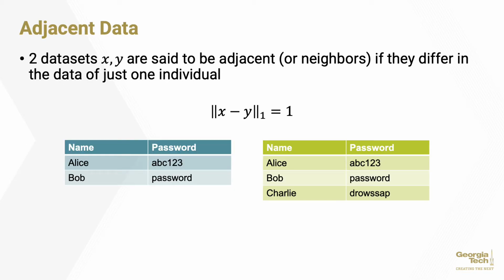There is also a concept of adjacent data. Two datasets, X and Y, are said to be adjacent or neighbors if they differ in the data of just one individual. Mathematically speaking, two datasets are neighbors if their L1 norm, otherwise known as the Manhattan distance, is equal to 1.